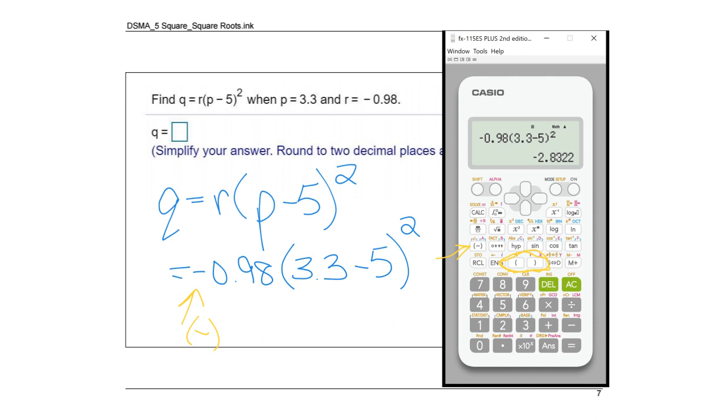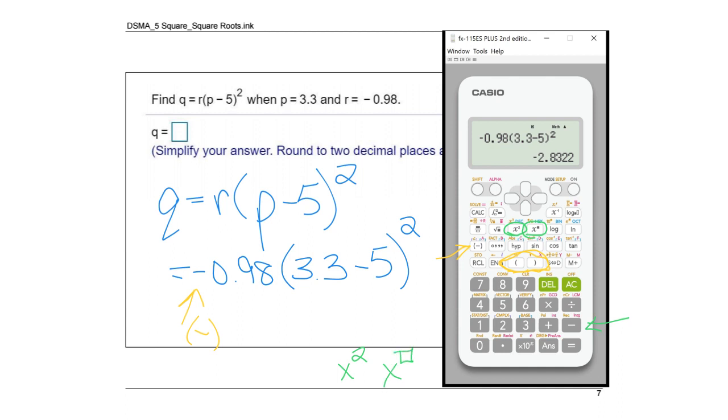Then you type 3.3. You've got your subtraction key here and your parentheses. And then up here you have two keys. This one is literally x squared, so for this one, you could use that. But if it had been raised to the 4th power or the 5th power, then you use the key that looks like this.